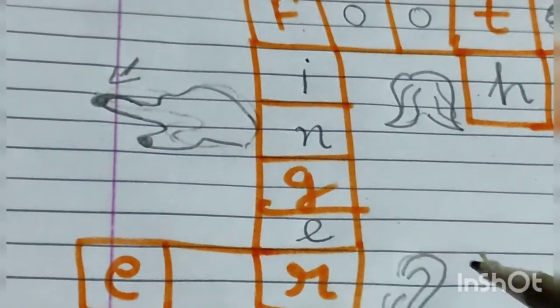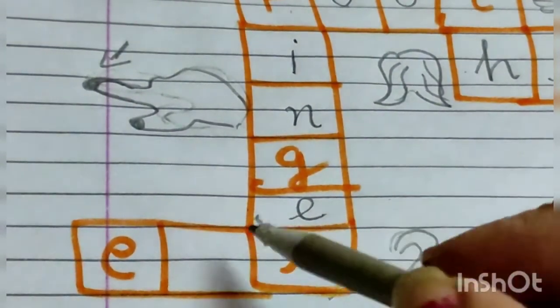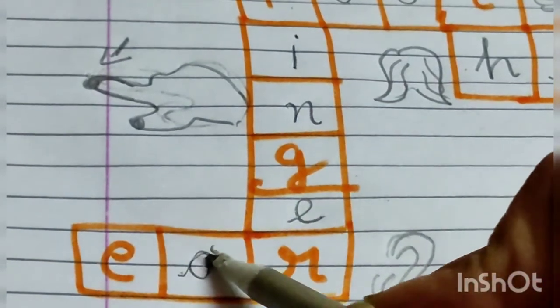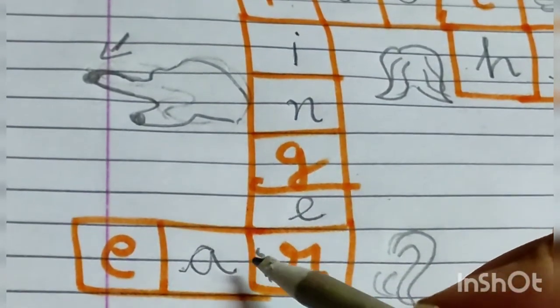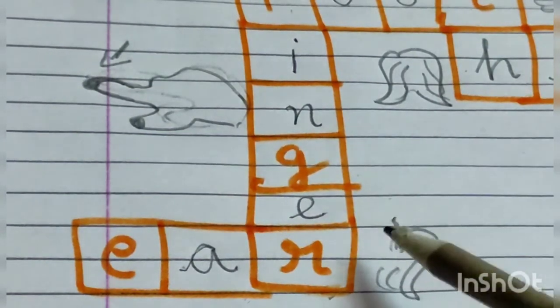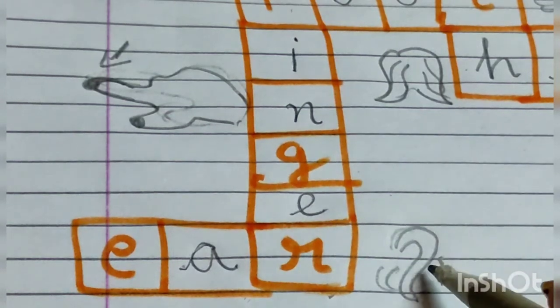Now next picture given here is of ear. So E and R is given here. We have to just write A. So for that we have to learn the right spellings of the words or the pictures given.